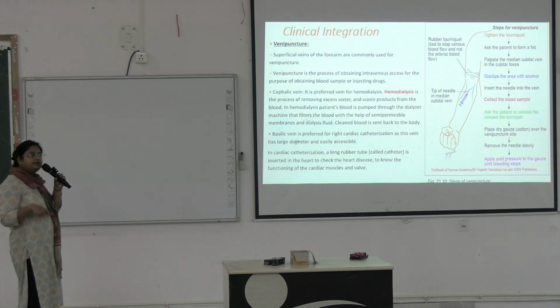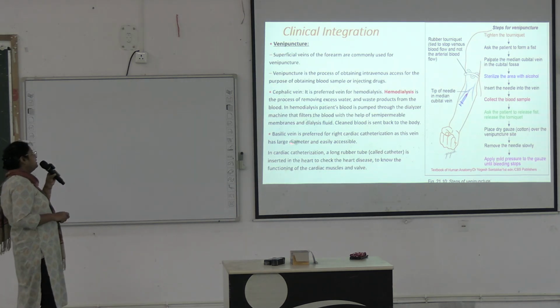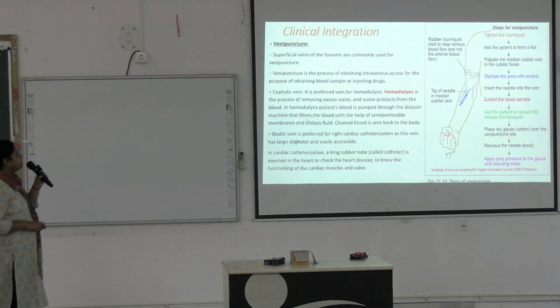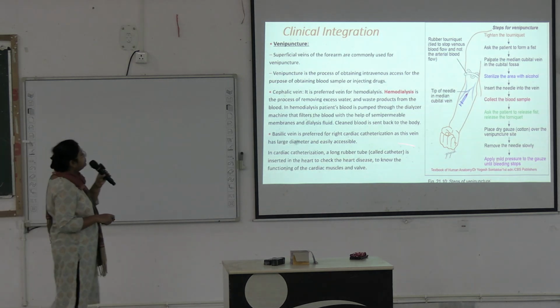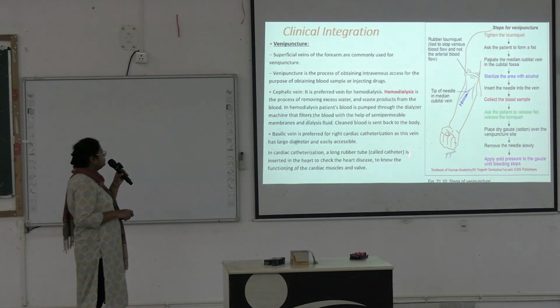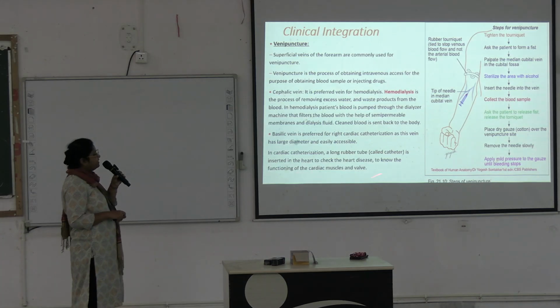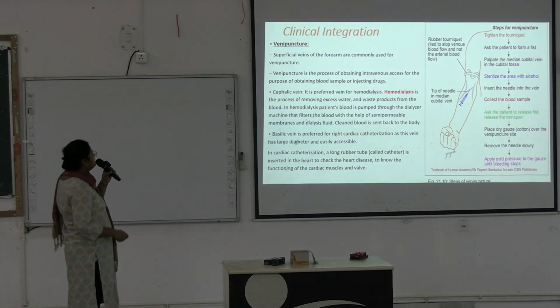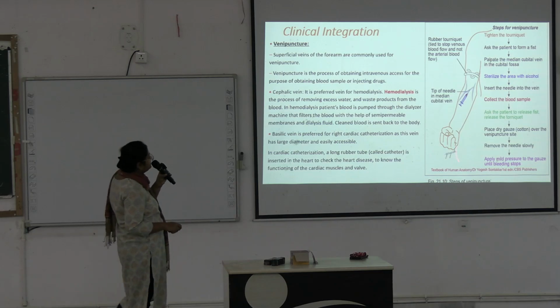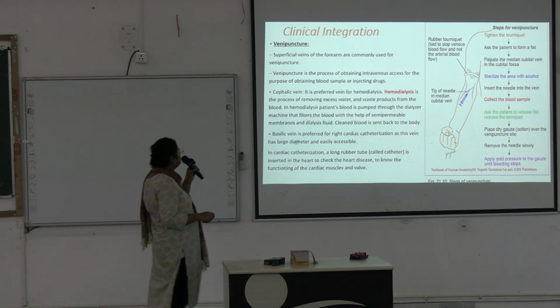Okay, you have to write down these points. In cardiac catheterization, a long rubber tube called catheter is inserted in the heart to check the heart disease and to know the functioning of the cardiac muscles and the different cardiac valves. Okay. And see here the process of drawing blood.